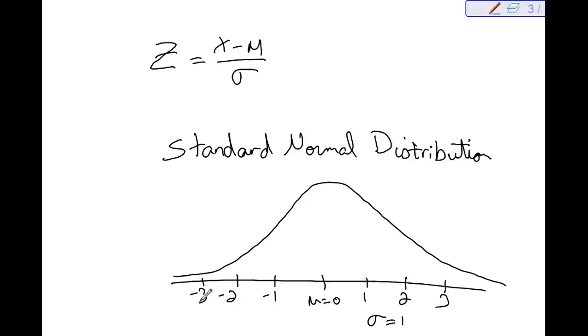So we've gone out those 3 standard deviations that we normally do. And once we normalize any normal distribution, then we can compare and do other such things. But we're going to use the standard normal distribution to find the area underneath a curve.